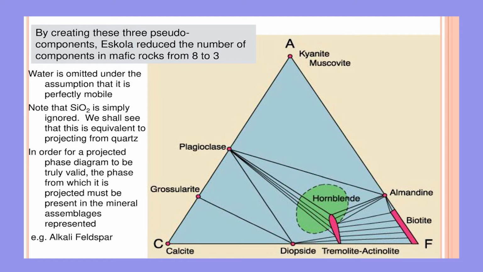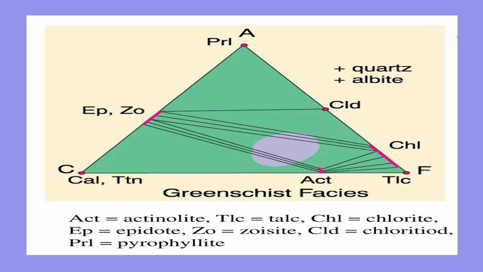In order for a projected phase diagram to be truly valid, the phase from which it is projected must be present in the mineral assemblages represented. A typical ACF compatibility diagram refers to a specific range of pressure and temperature, for example the kyanite zone of Green's facies.